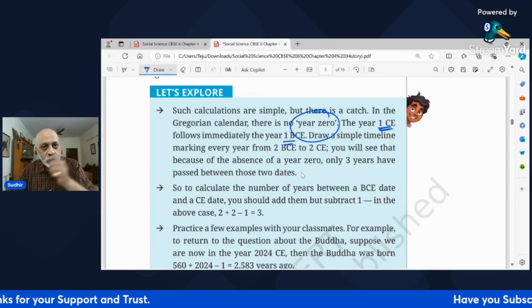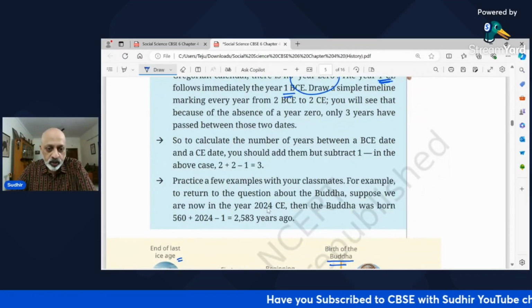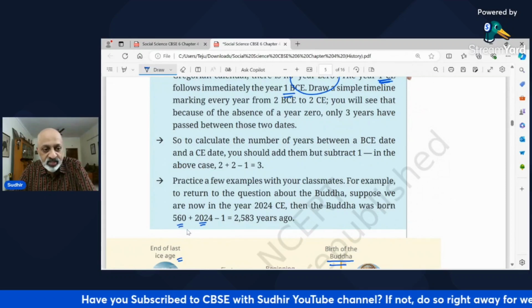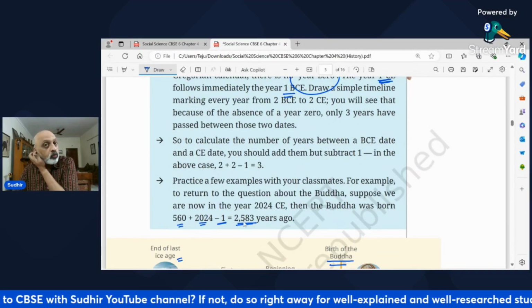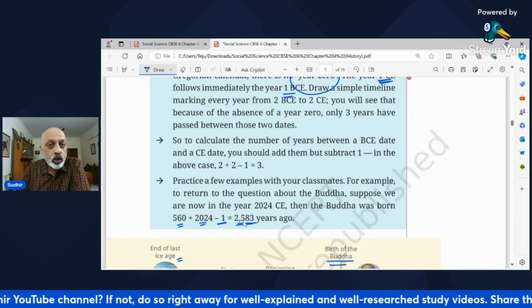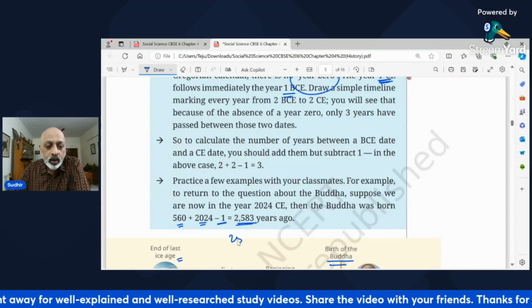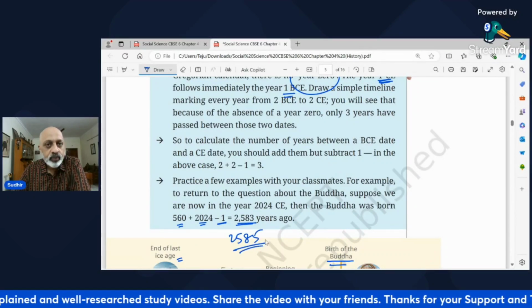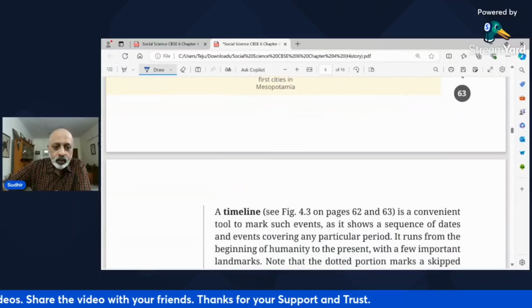So if you were to calculate the year of birth of Gautam Buddha, it would be 2024, that is today, plus 560 minus 1. So 2,583 years ago was when he was born. But suppose you are doing the same calculation in 2026, then it will become 2585, depending on the year.